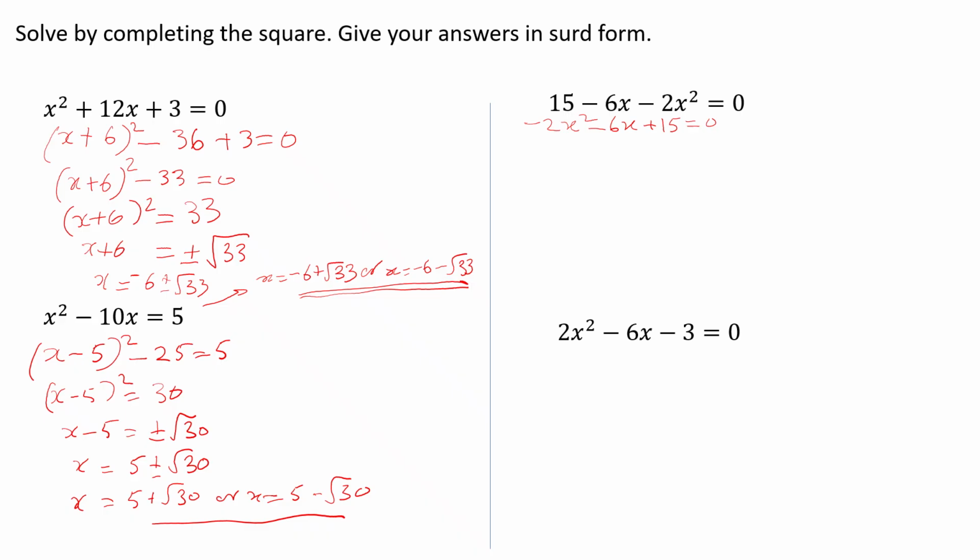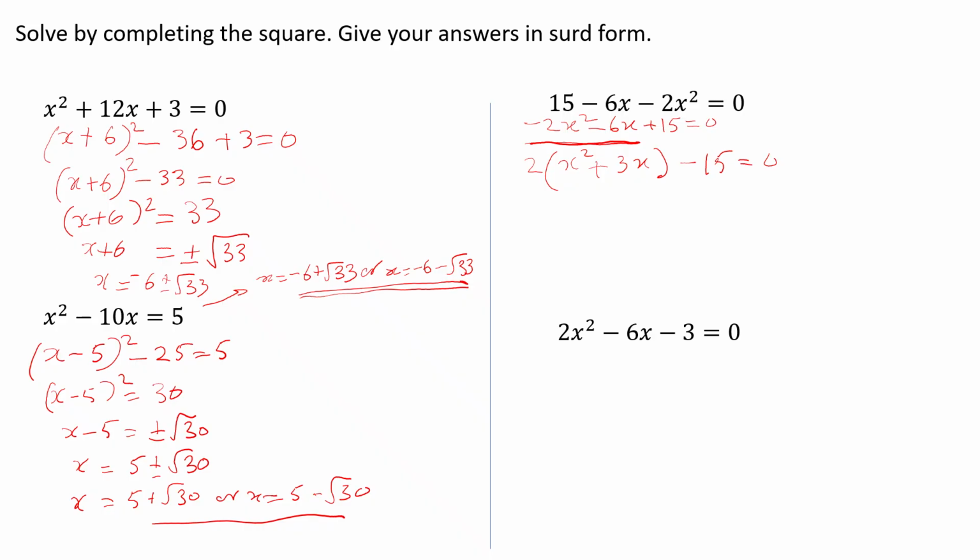So I'm going to multiply by negative 1, and factorize 2 out of the bracket. So 2x squared plus 6x minus 15 equals 0.